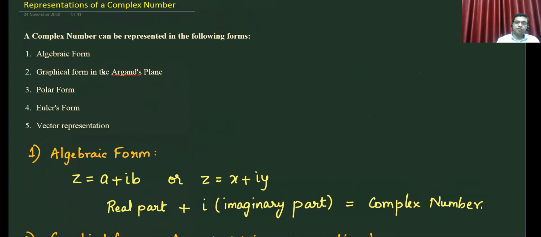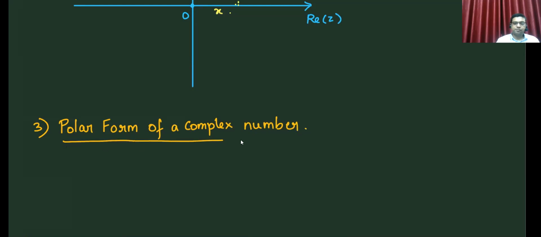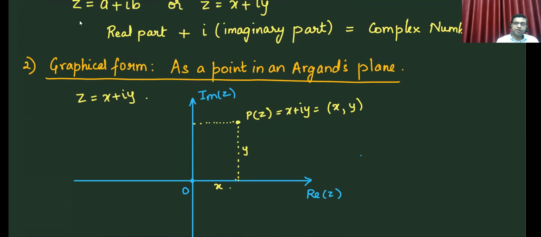This is a very important form. Polar form of a complex number. This is a very important result. It comes from this. We will take the same figure.